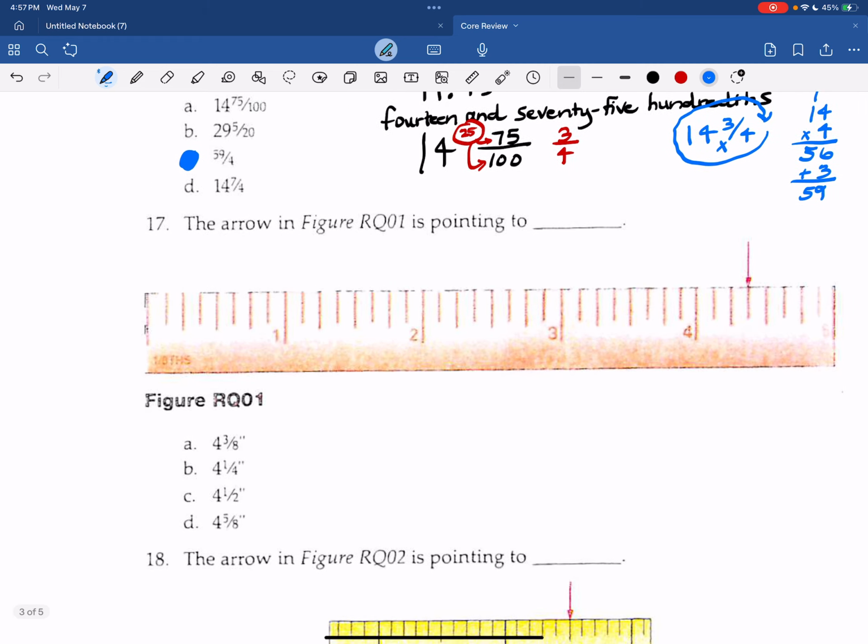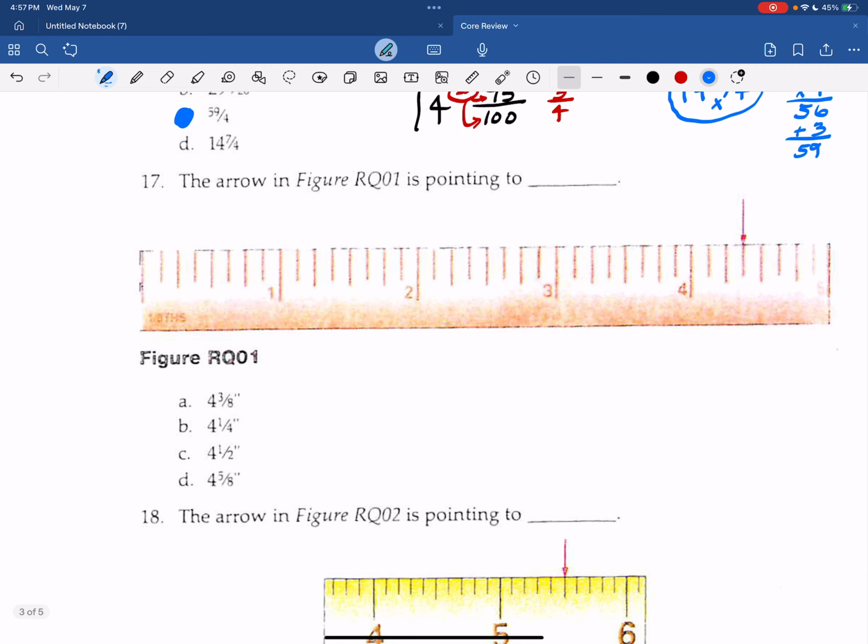Number 17. The arrow in figure RQ01 is pointing to blank. So we first of all have to figure out if this is metric or standard. And I can tell you by counting these lines. If it's metric, you'll have 10 of them.